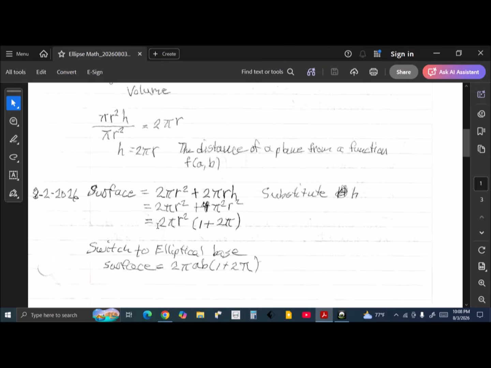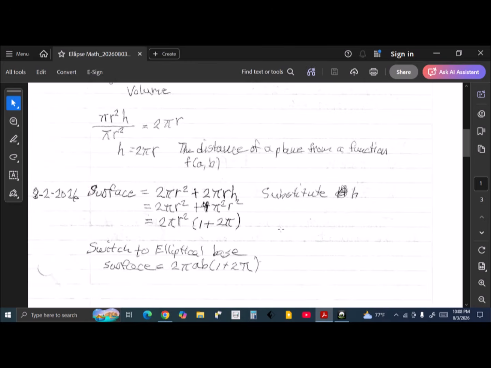So I factor out 2 pi r squared, and that would leave me with 1 plus 2 pi. So a circular cylinder with the height of the cylinder equal to the perimeter of the base could be described by this formula: 2 pi r squared times 1 plus 2 pi. That would be the surface area of that object.